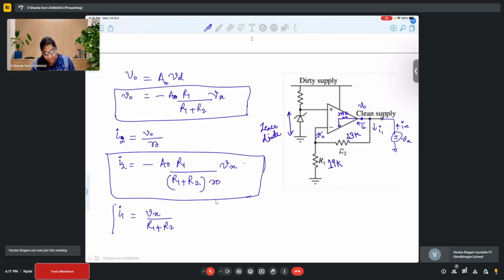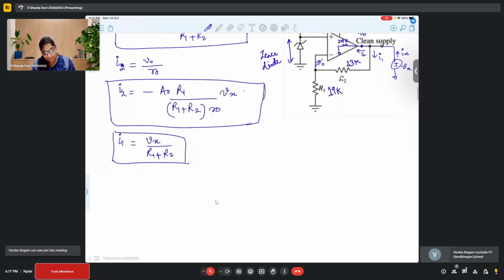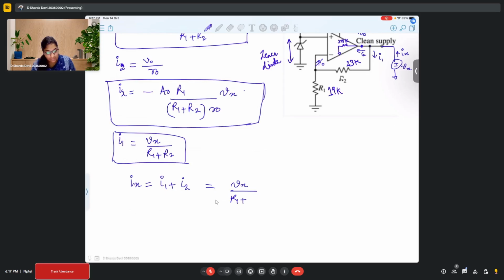Now, we know Ix is I1 plus I2, that is Vx upon R1 plus R2 plus minus A naught R1 upon R1 plus R2 into R naught Vx.